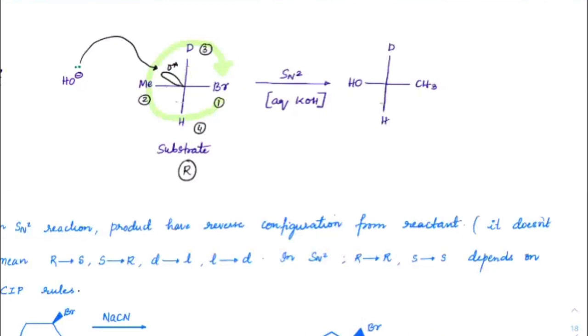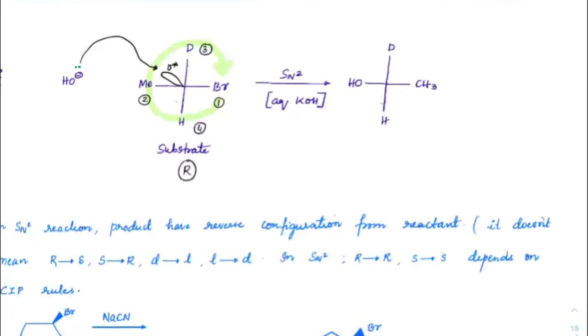So as HO minus attacks this, right? Now what would happen in the configuration? You would observe here that this position of OH has come to this side and methyl has moved on to this side. It is like an odd number exchange, right? Just recall the RS configurations, how we used to do in Fischer projection.